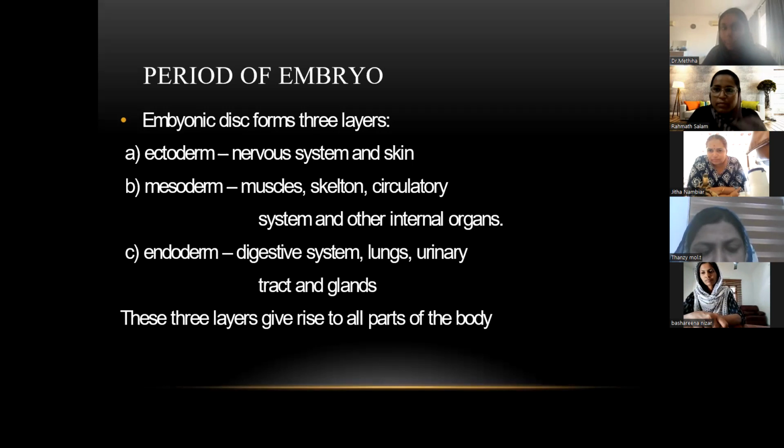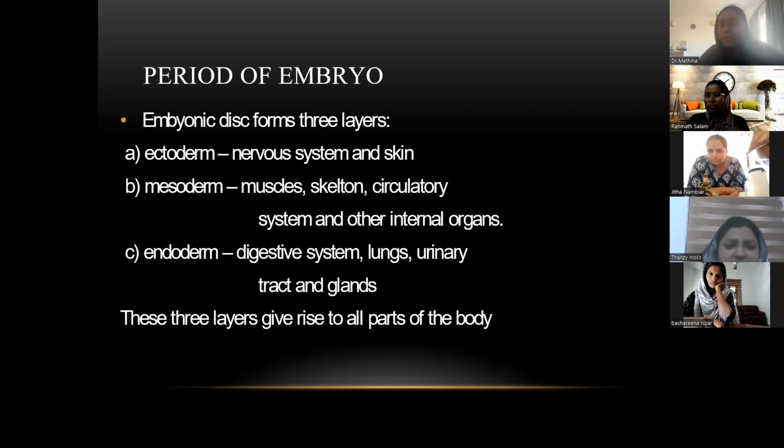The mesoderm develops into muscles, skeleton, that means the bones, the circulatory system, that means the blood vessels, and other internal organs. And finally, the endoderm forms the digestive system, like esophagus, stomach, everything. Then later, there are lungs, urinary tract, and glands. So this is the feature.